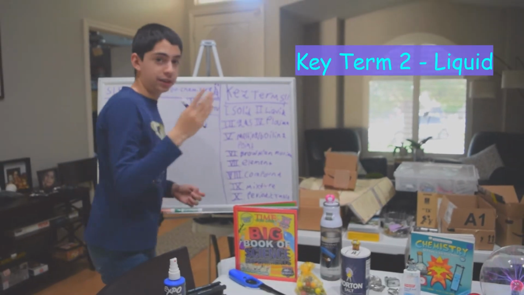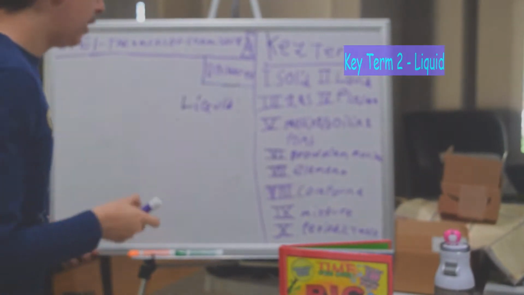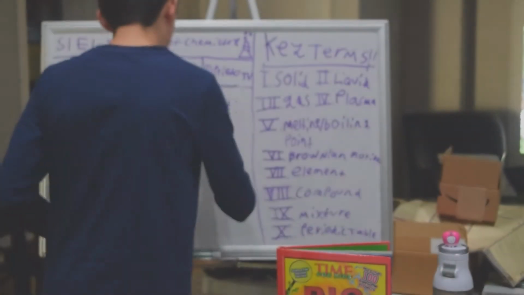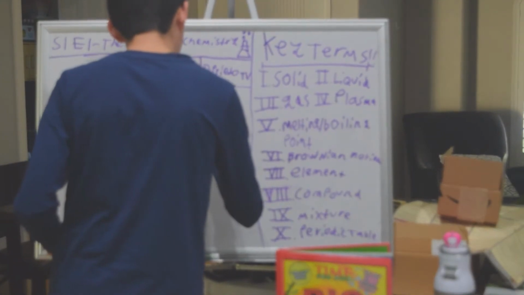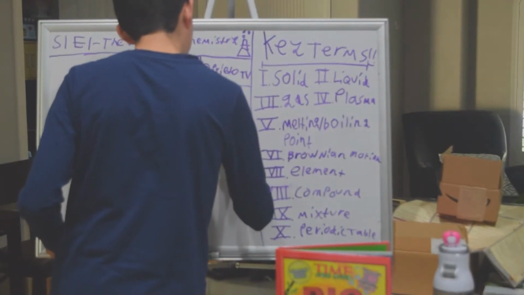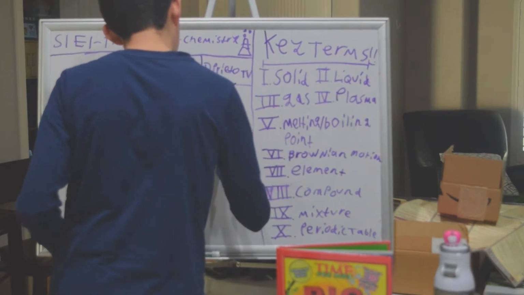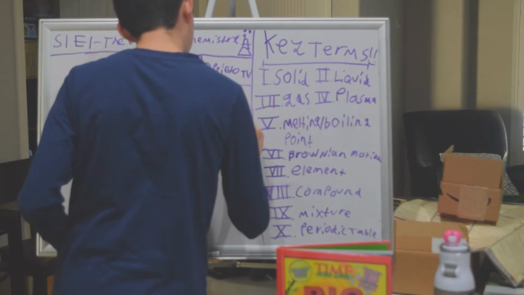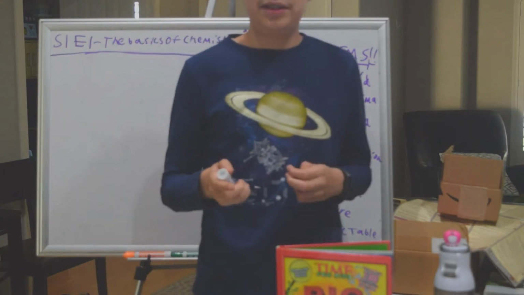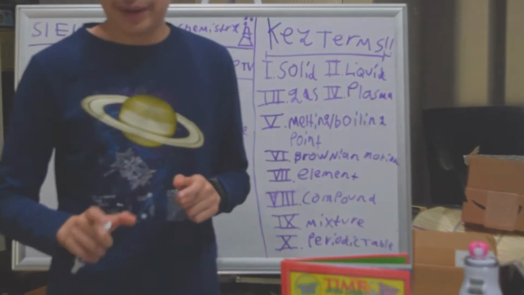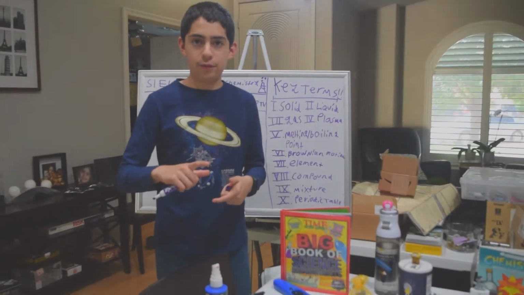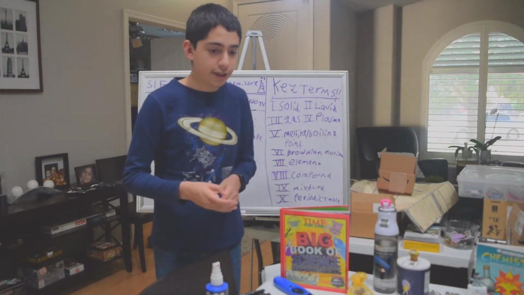Liquids, like solids, have three main aspects. Liquids have a fixed volume but not a fixed shape. They fill up any container that you put them in, and you can change their shape by putting them in any container.